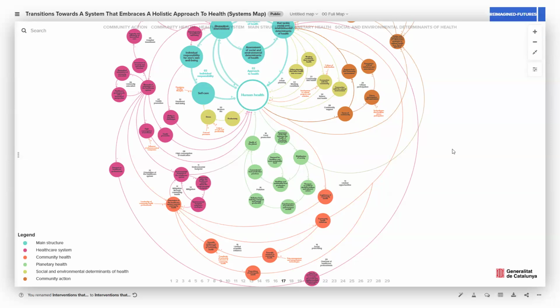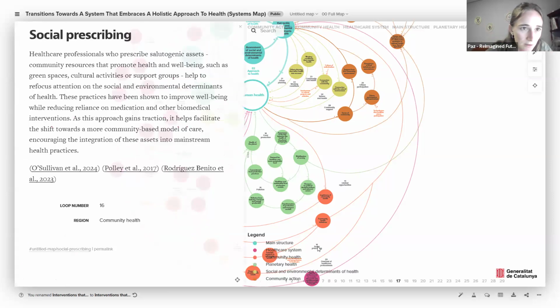So this is basically alternative health approaches, if I'm understanding it correctly? Not alternative in the sense of gurus or those sorts of things. It's all within the healthcare system, like doctors prescribing these salutogenic assets or giving more focus to preventing diseases, especially enhancing community networks.